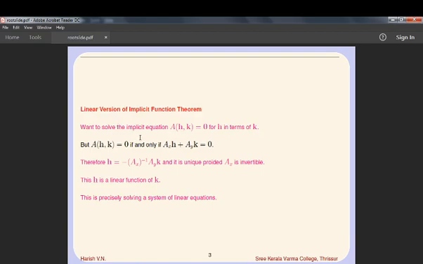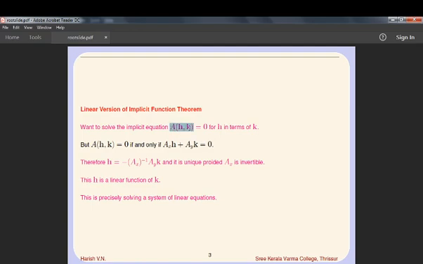So suppose I have a functional expression between h and k. So what is that functional equation? This thing. h and k, h varies with respect to k, or k varies with respect to h, but satisfying this equation. And I want to solve for h in terms of k.